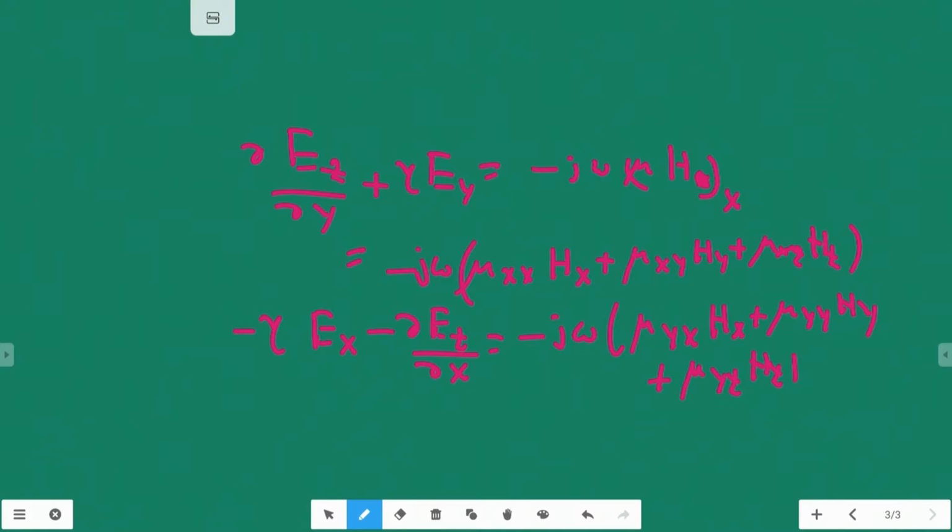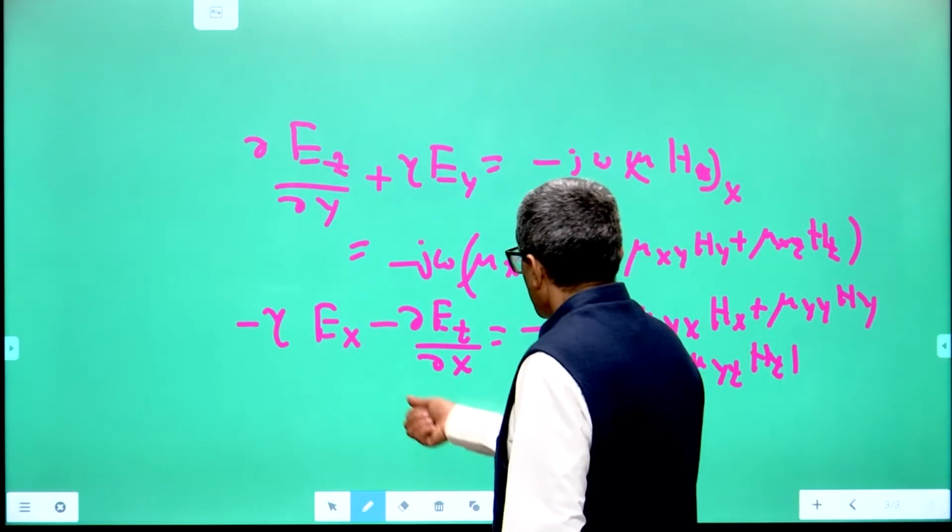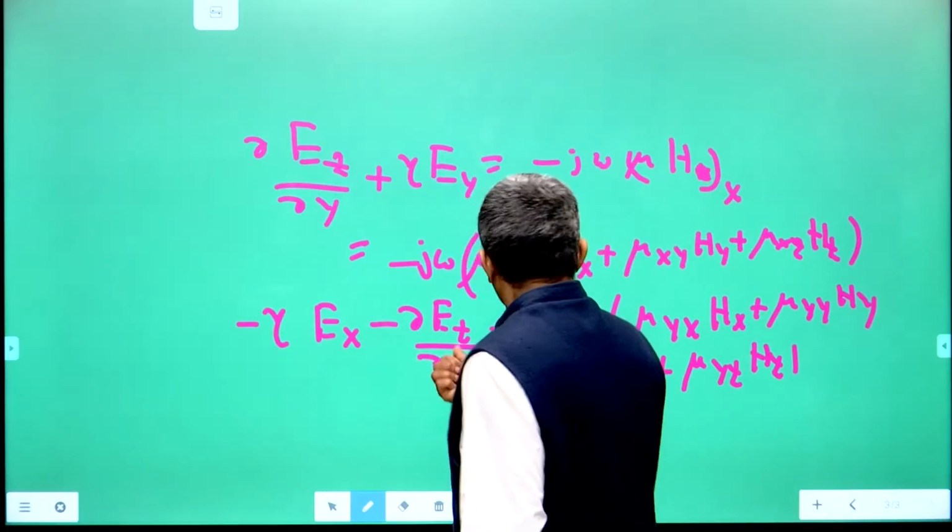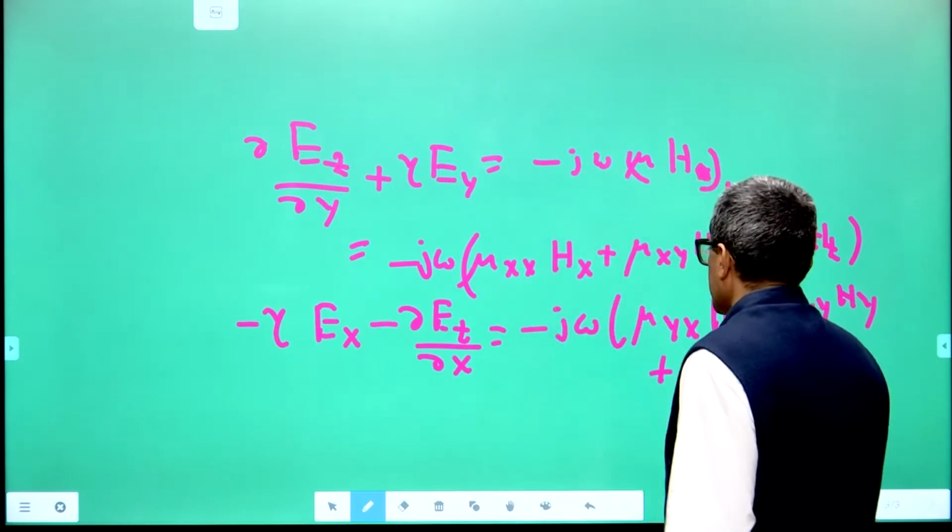Likewise, the third component, and for the second Maxwell curl equation in the same way. So, you get a set of algebraic equations for Hx, Hy, Ex, Ey in terms of Ez, Hz and their partial derivatives.